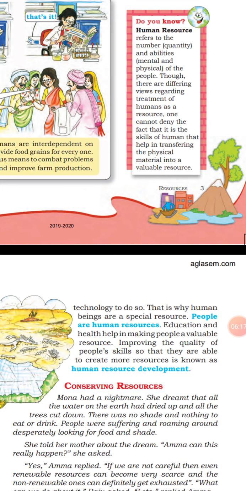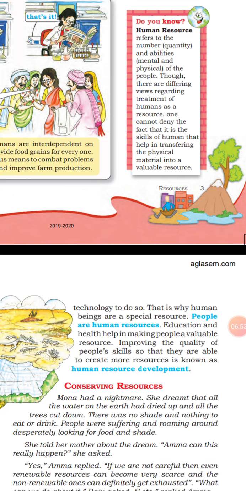Then on the basis of their development, resources can be classified into actual resources and potential resources. On the basis of origin, resources can be classified as abiotic resources and biotic resources.